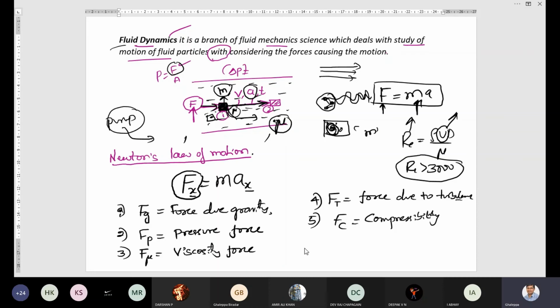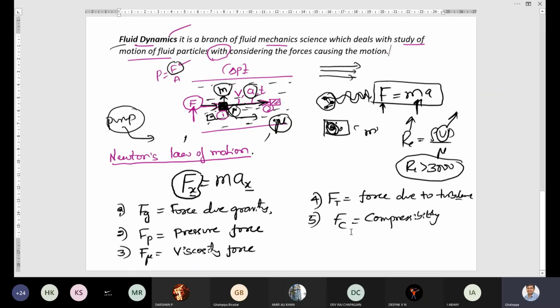But all these types of force we cannot see with our naked eyes. Understood? So certain experiments need to be conducted. Our scientists have done a series of experiments, and they have calculated the different types of forces acting on the fluid particle.